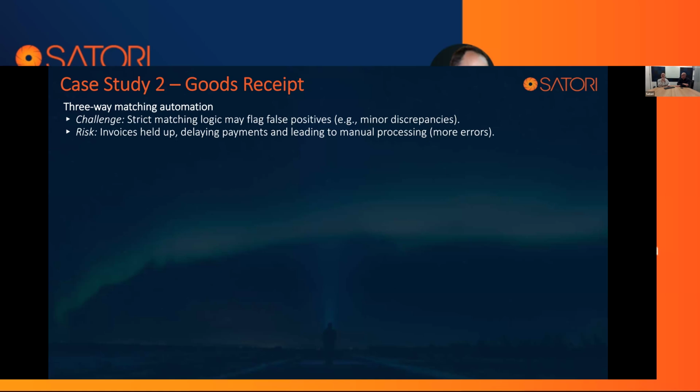Another case study I wanted to look at is around three-way matching. Very often when people automate this process in full, they have quite strict matching logic, and it might flag false positives, for example, when we have minor discrepancies between purchase orders and other documentation in the process.